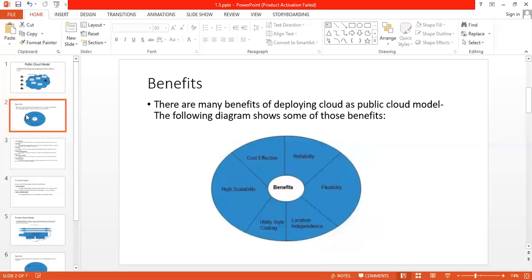Next is benefits. There are many benefits of deploying cloud as the public cloud model. The following diagram shows some of those benefits. These are cost effective, reliable, flexible, location independence, utility style costing, high scalability.